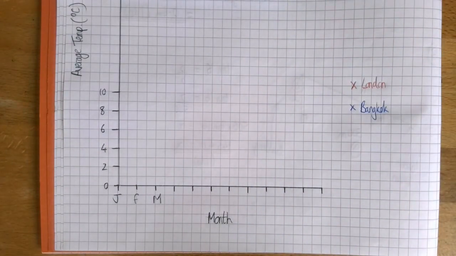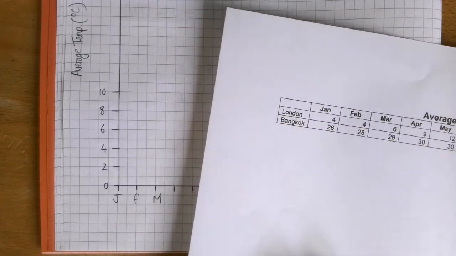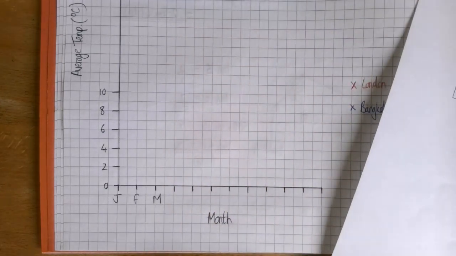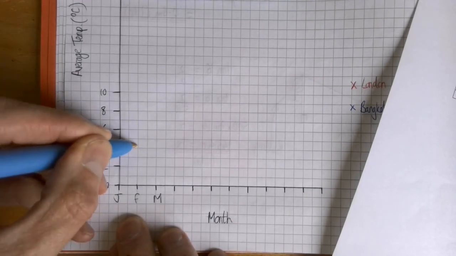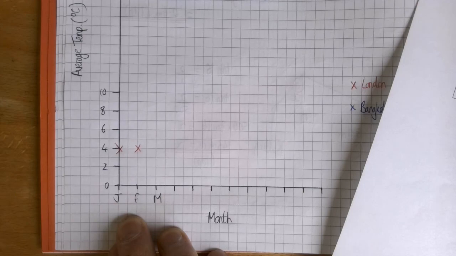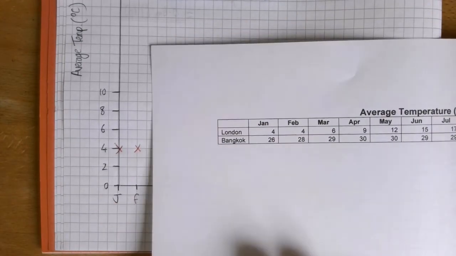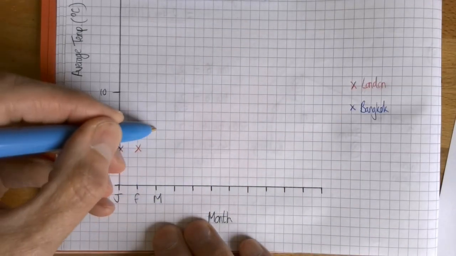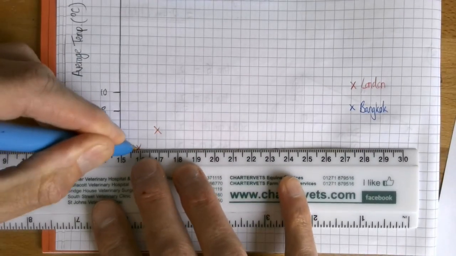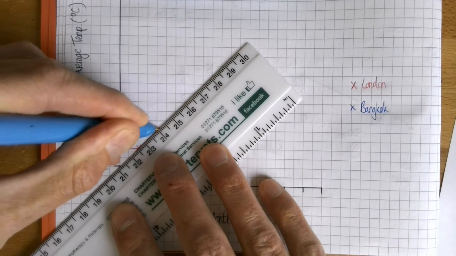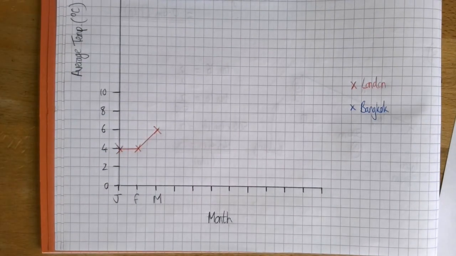So let's start off with London then. So London, average temperature in January and February is 4 degrees. So January, go up to 4, February, go up to 4, and March, the average temperature goes up to 6 degrees. So that's there. And I join those points dot to dot.